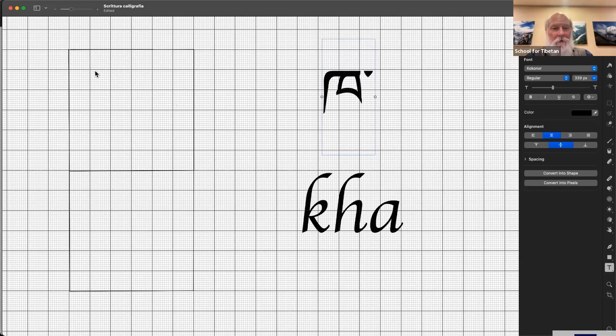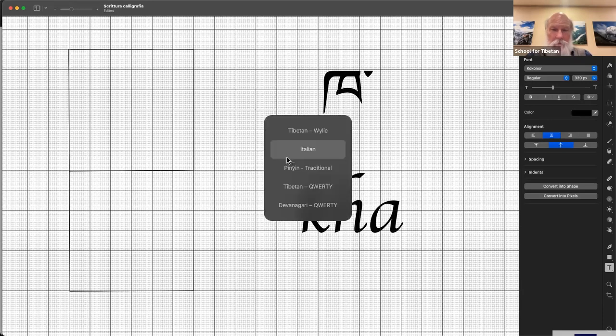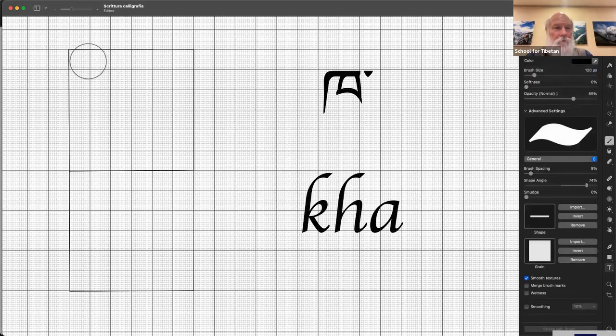And generally, this one all fits in the upper square. It does not exceed into the lower square.